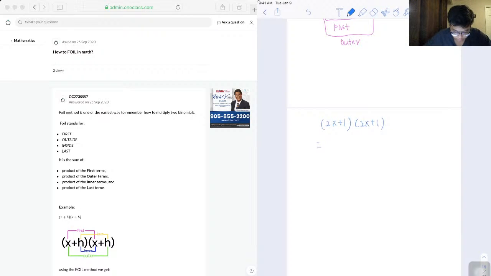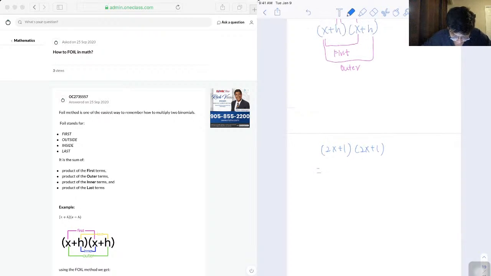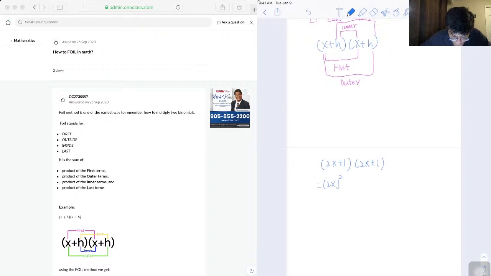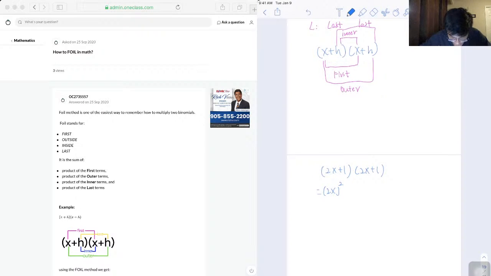In this case, we'll do our first term. So 2x times 2x, that's going to be 2x squared. And then the outer terms, which is 2x times 1, which gives us 2x. And then the inner terms, which is 1 times 2x, that's going to be 2x. And our last term, which is 1 times 1.